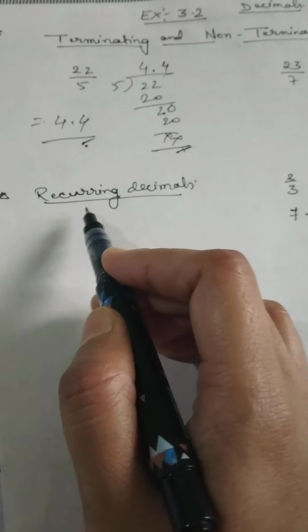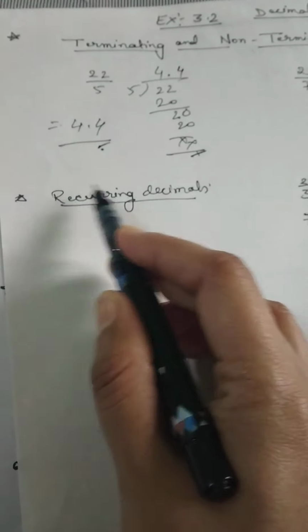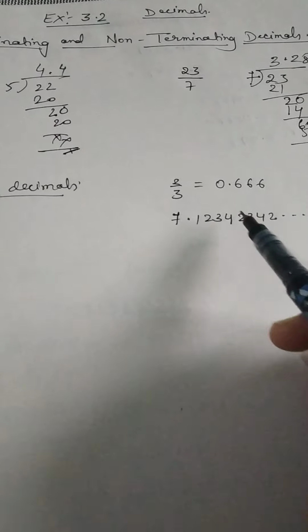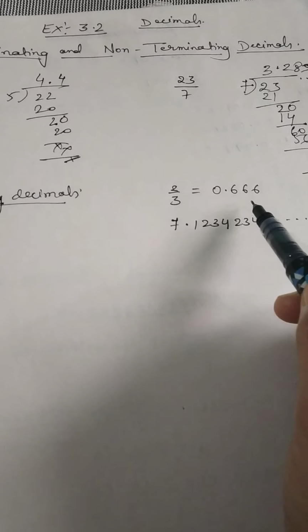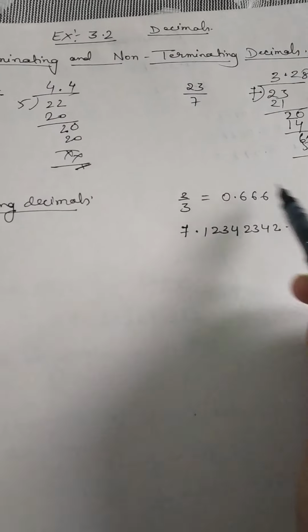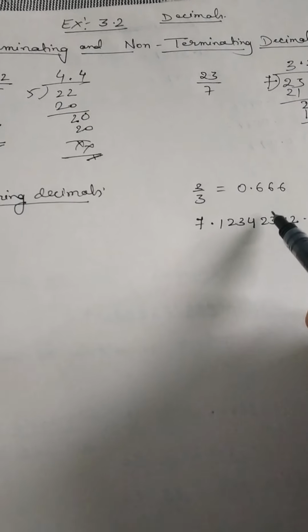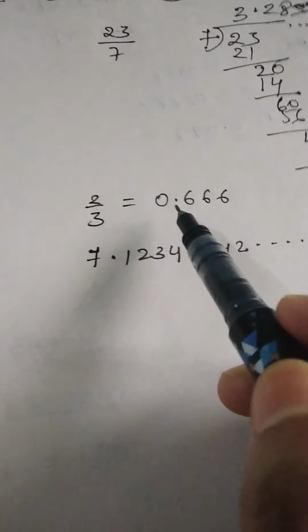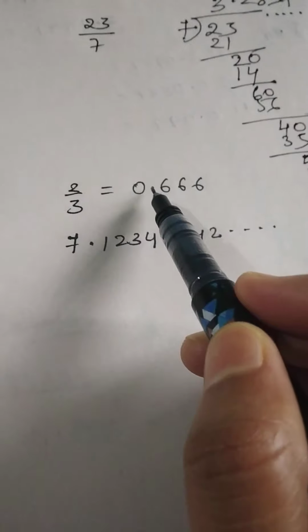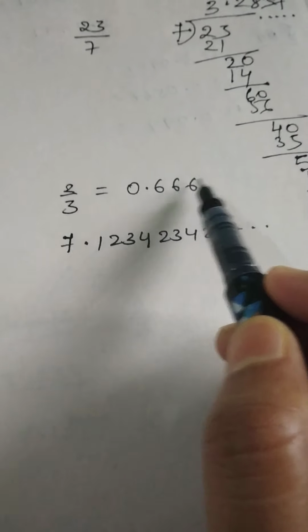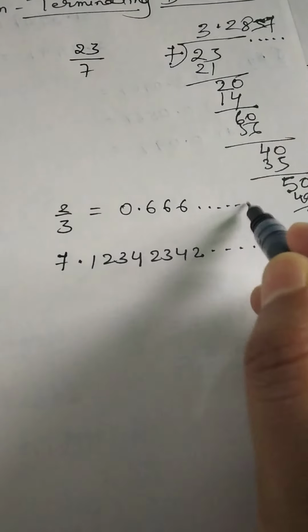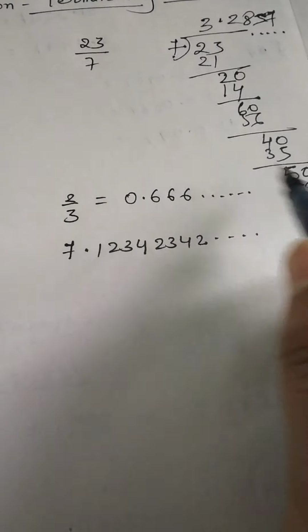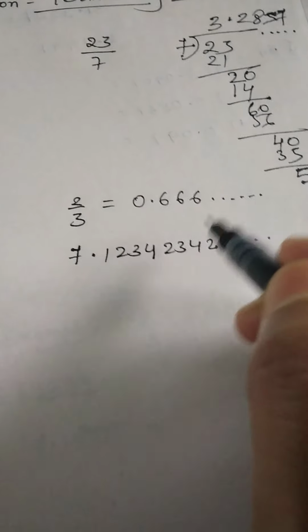What do you mean by recurring? Recurring means repeating. Sometimes in a non-terminating decimal, a digit or a group of digits, you can say, repeat themselves. Such a decimal is known as a recurring decimal. For example, 2 by 3 is equal to, if you divide it, we will get 0.6666 like this. It will continue to go on. 6 will be repeating.